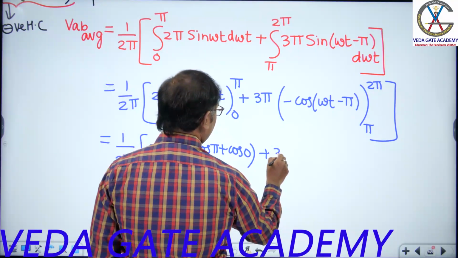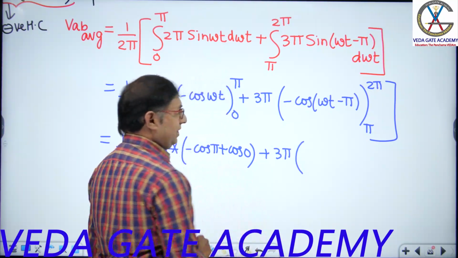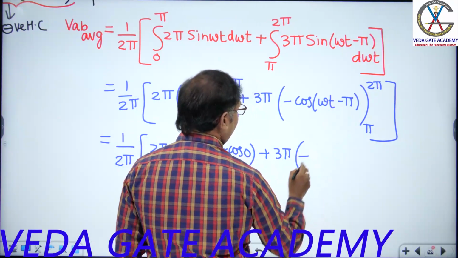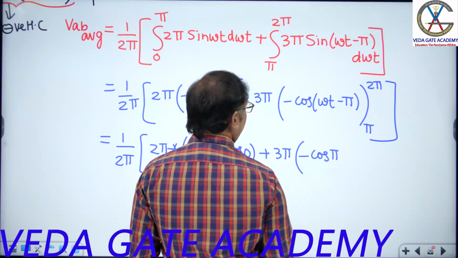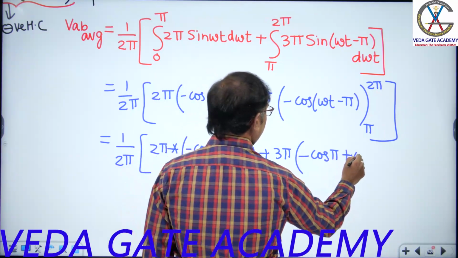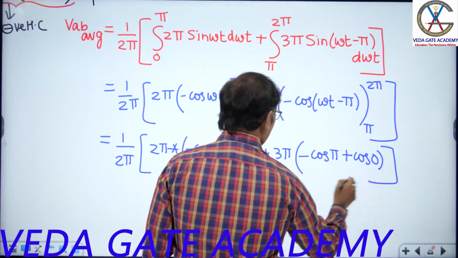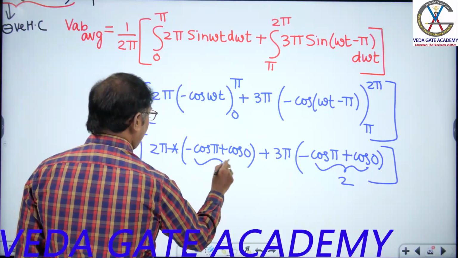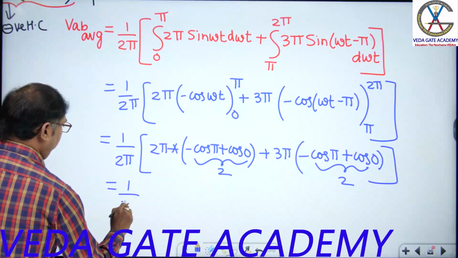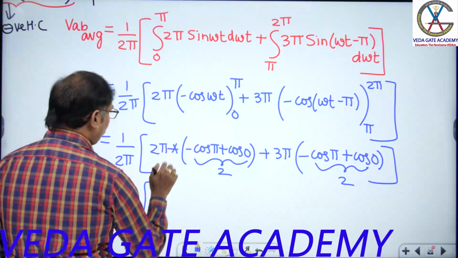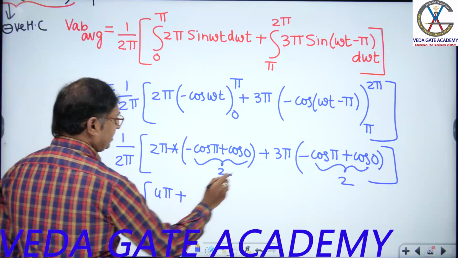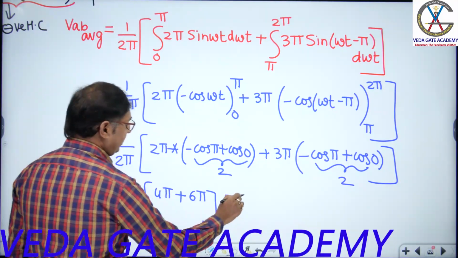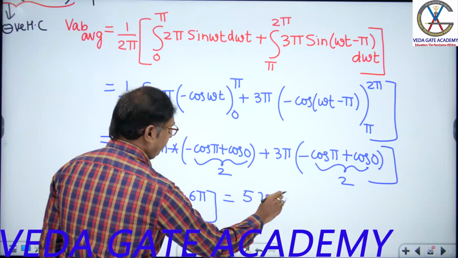Plus 3 pi times minus cos pi plus cos 0, and the value is 2. So 1 by 2 pi, 2 twos is 4 pi plus 2 threes is 6 pi. Simply the answer is 5 volts.